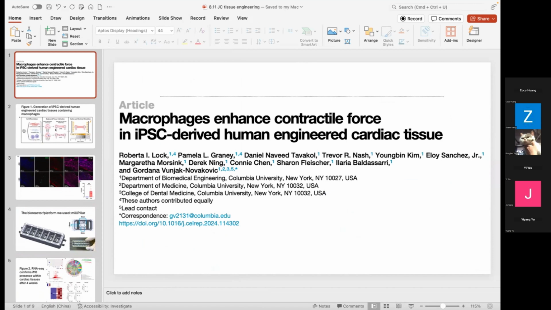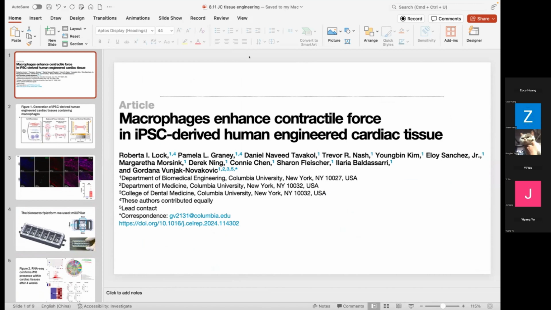Okay, cool. So I'm just going to share an article from my lab, Gordana's lab. Basically, we want to develop a human engineered cardiac tissue model that has a macrophage, which is an immune cell component, in it.